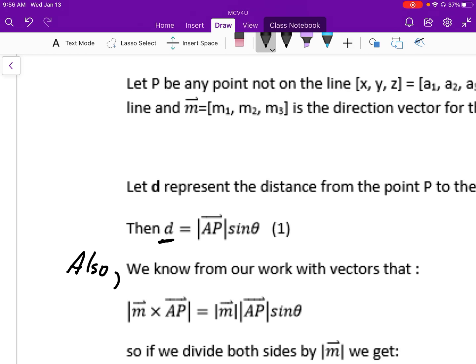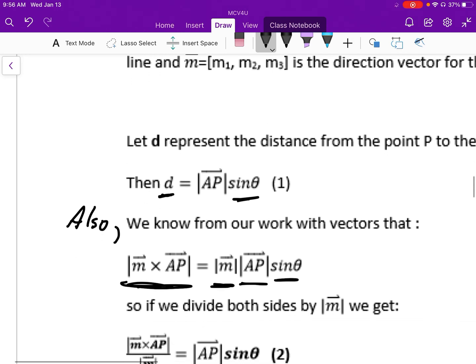Now, since we have theta here, one of the other things that we also know is that the cross product deals with sine theta. Since we have sine theta, we use cross product. Because theta is between the direction vector M and the vector AP, the magnitude of the cross product, by definition, is the magnitude of the direction vector times the magnitude of AP times the sine of theta.